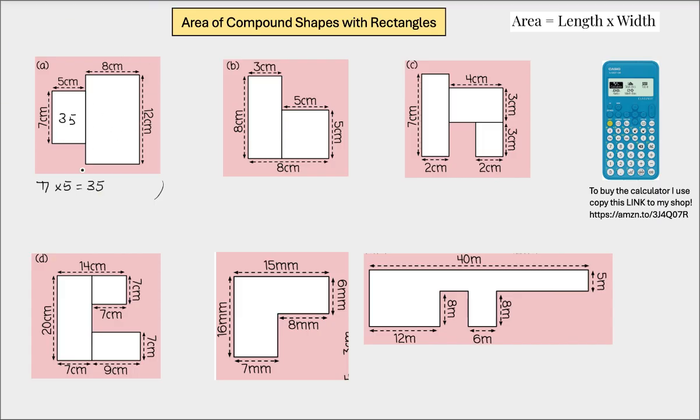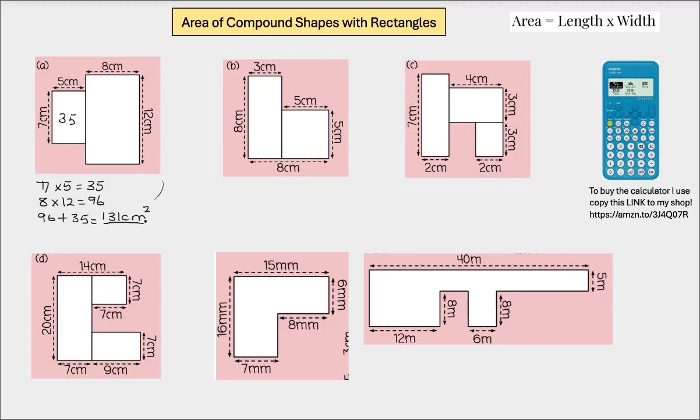And then we do the same again here, which is 8 times 12, which gives us 96. But we're being asked for the whole area, the area of this compound shape. So all you're going to do is do 96 plus 35 equals 131 centimetres squared. So the area is 131 centimetres squared.